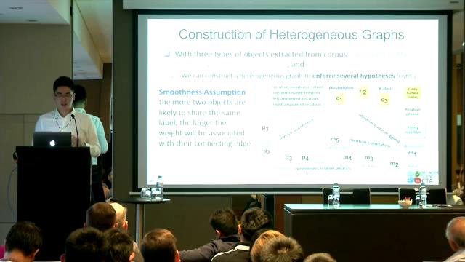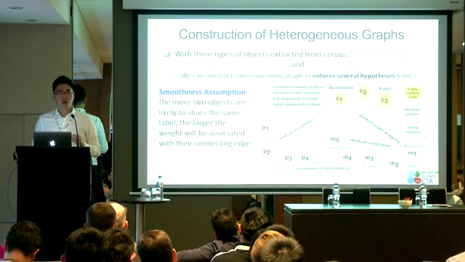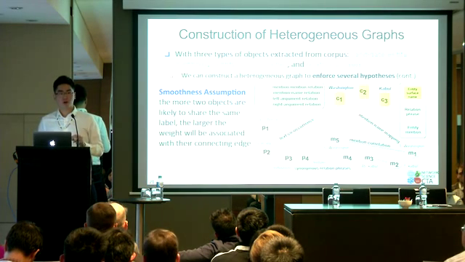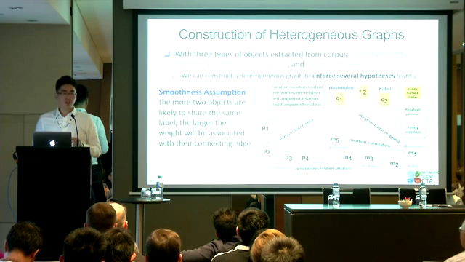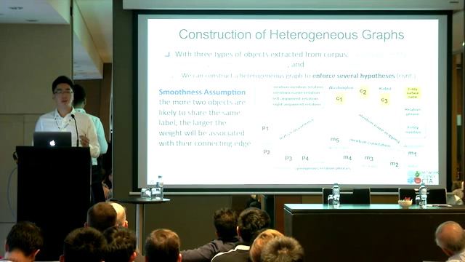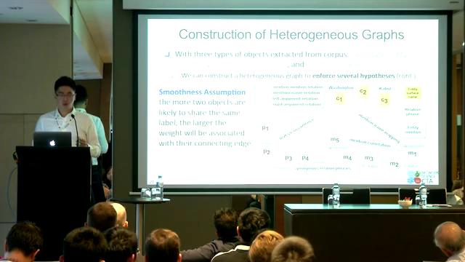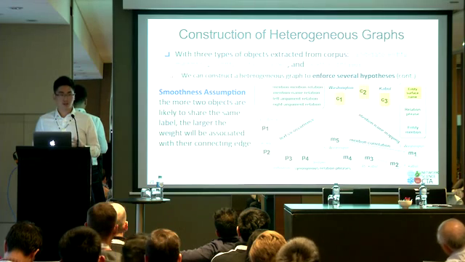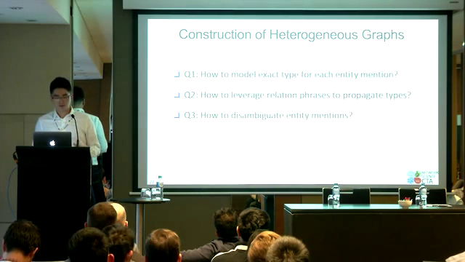An important assumption we make when constructing the graph is the smoothness assumption, meaning that the more likely two objects are to share the same type, the larger the weight associated with their connecting edge. That's the principle by which we construct this graph.